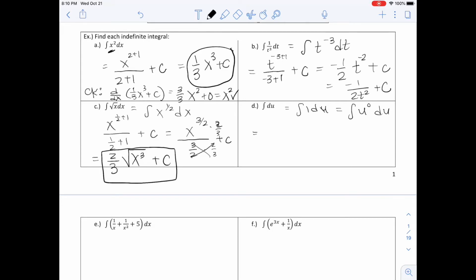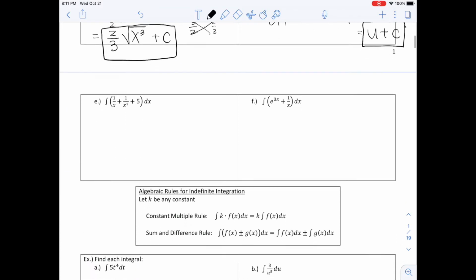So using the same idea for the power rule, adding 1 to our exponent and dividing by that same value, and then plus c, we will get u to the first over 1 plus c, or just u plus c. Again, you can check all of these by what I've boxed as our final answer and take the derivative of them to see if you get that integrand.